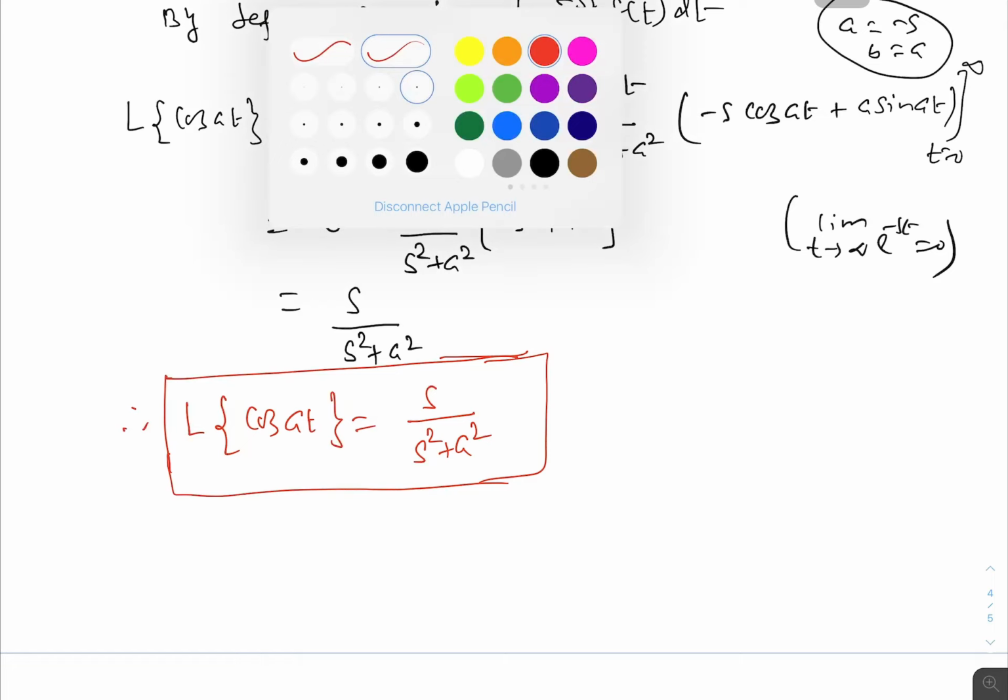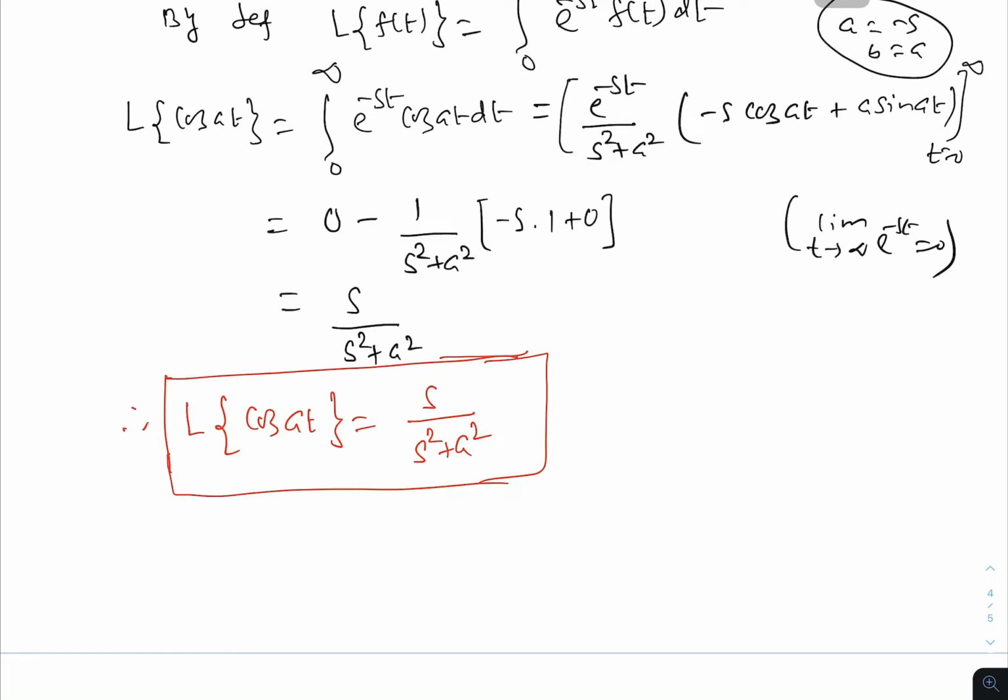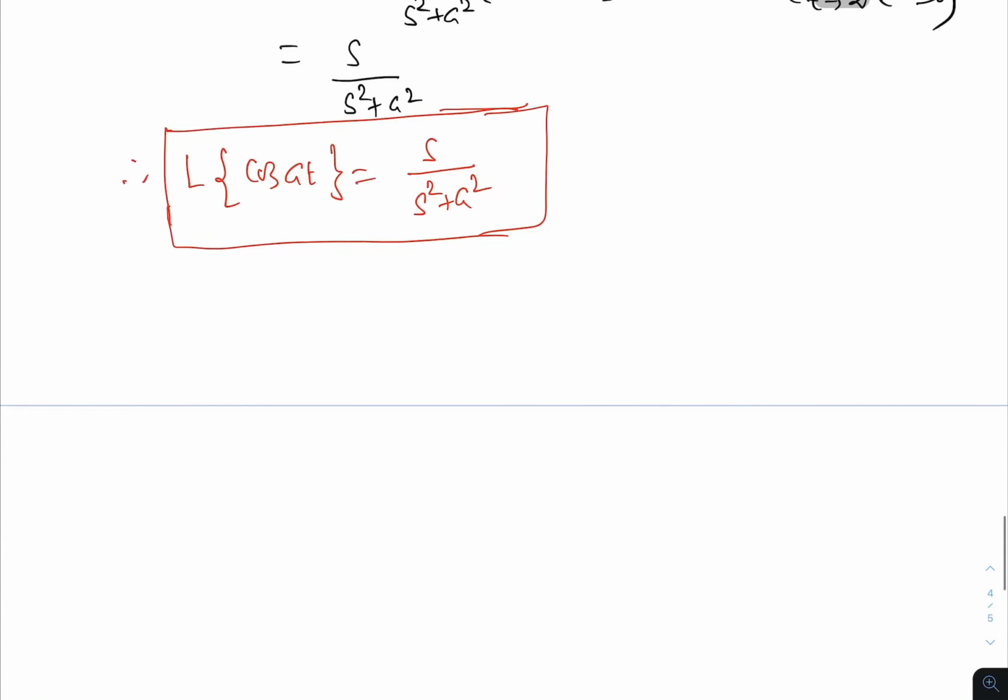Now we can find this even by one formula also, like in our lower standard we used to write e power I theta is equal to cosine theta plus I sin theta.